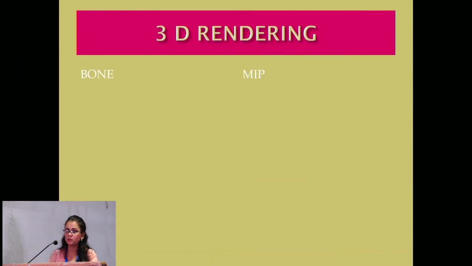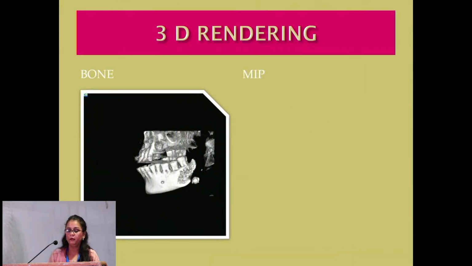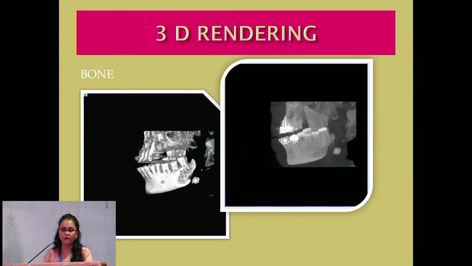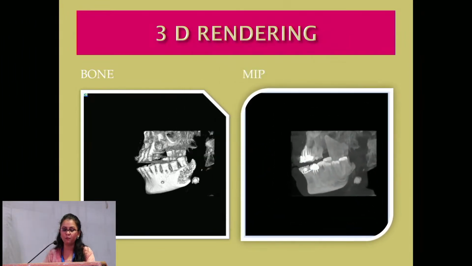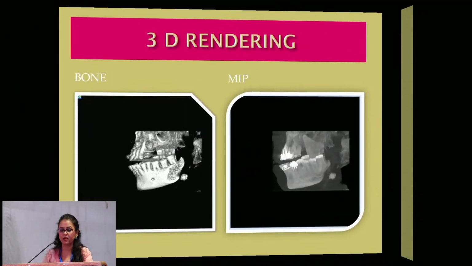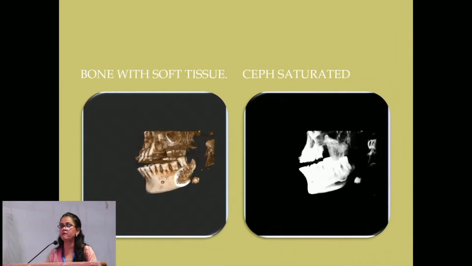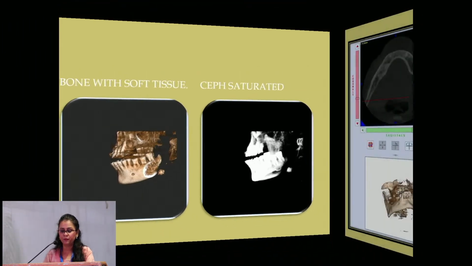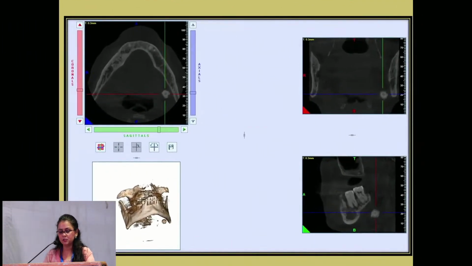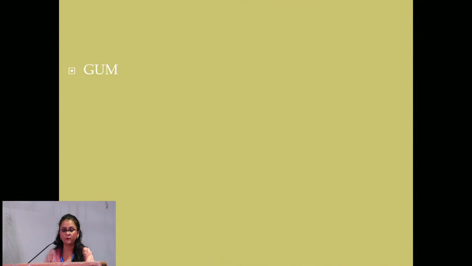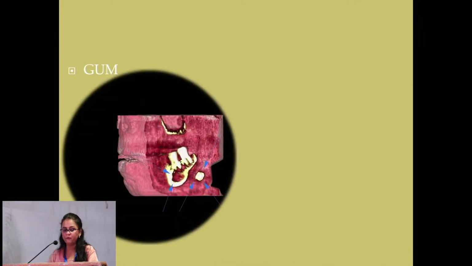These are various forms of 3D rendering that can be done, which are inherently present inside the tools of your software, either in the form of bone, or a transparent bone, or an MIP, or a soft tissue. It's a case of a salivary gland stone, or even in a gum mode.